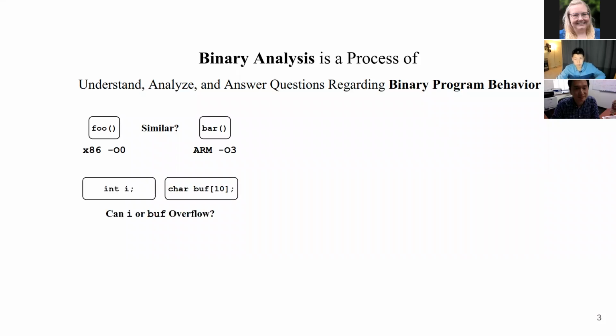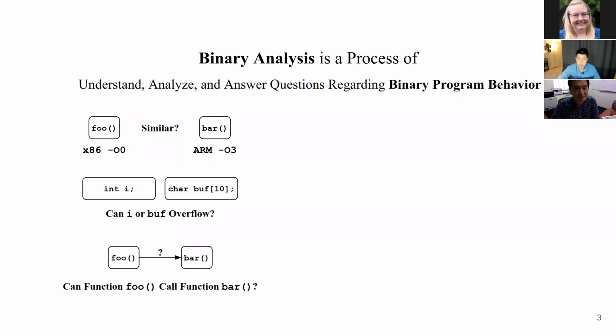And if you're performing vulnerability detection, you're essentially asking whether the variable can overflow during runtime. And if you're retrofitting security control flow integrity, you're essentially asking whether certain function can call another function during runtime, for example, via indirect calls.